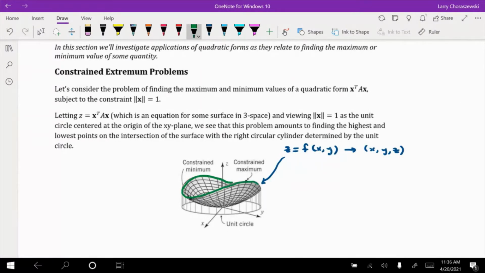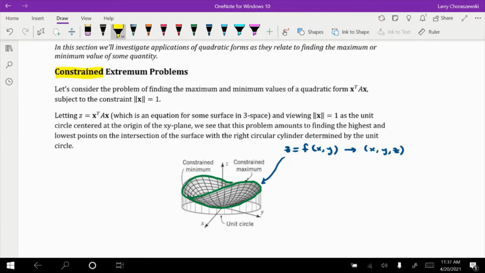All right, so this would be an example of at least a chunk of the 3D surface. It would extend indefinitely in all these directions, but what we're doing is we're subjecting it to a particular constraint.